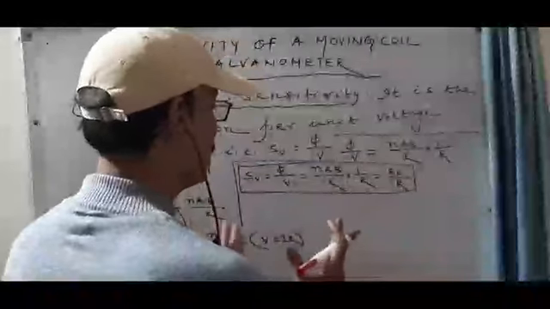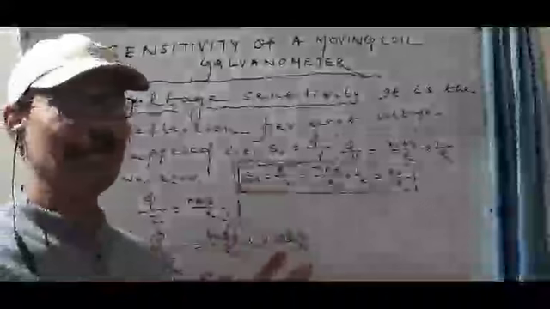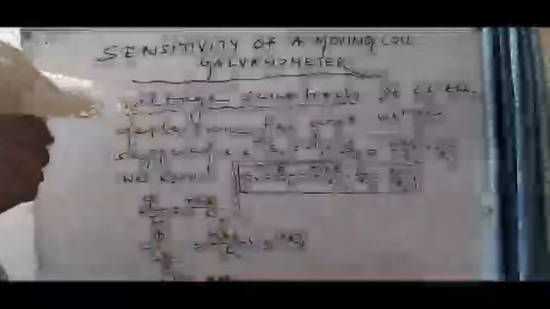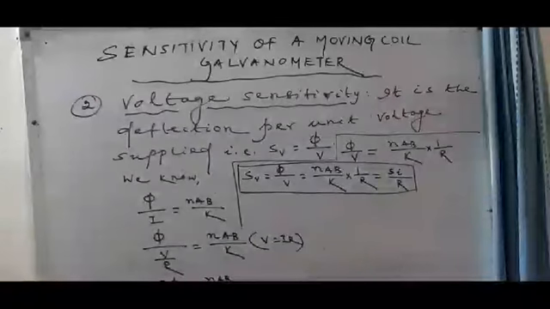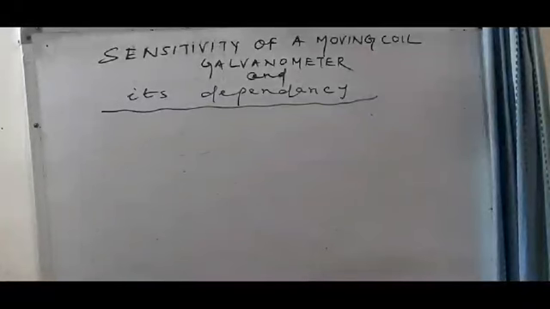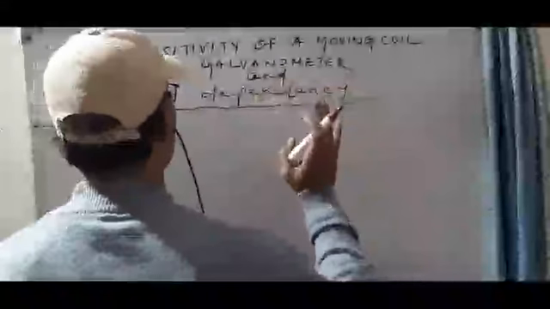Now let's try to discuss the dependency of the sensitivity of a galvanometer, that is, on what the current sensitivity and voltage sensitivity depend. So all of you note it down up to this. Let's talk about the dependency of the sensitivity of a moving coil galvanometer.